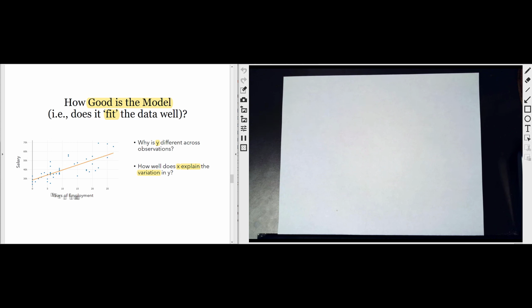That is, to use specific examples of x and y, we've got our actual data with years of employment and salary as a function of years of employment. And we see at various different years of employment that not everybody's salaries are the same.